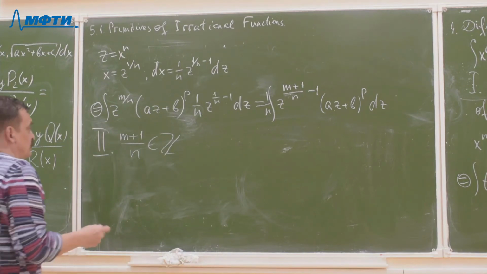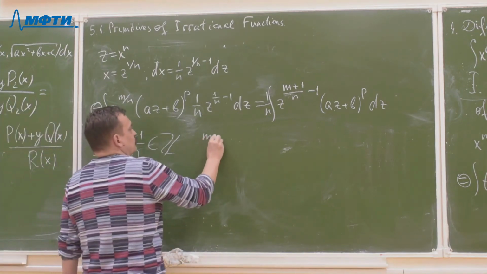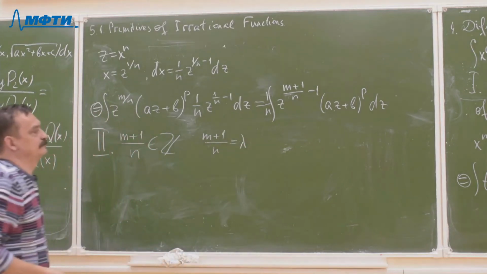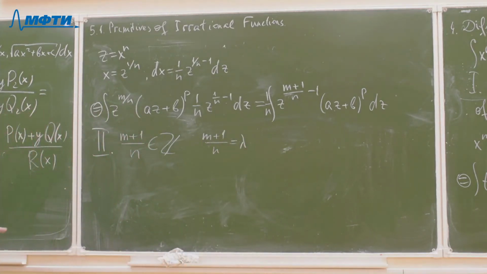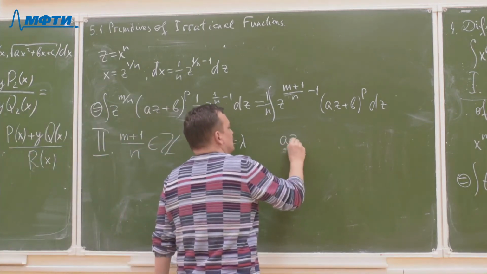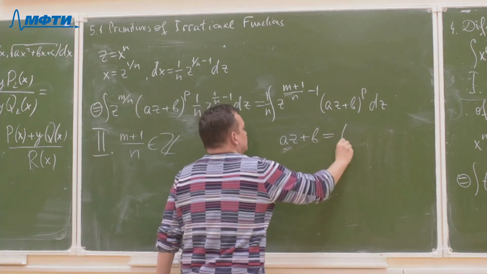Because if that is an integer, right, let's say m plus 1 over n equals lambda, then we can make a substitution az plus b equals t.